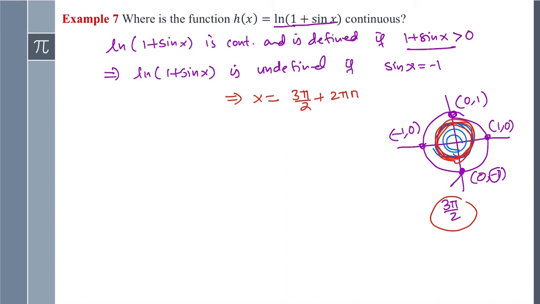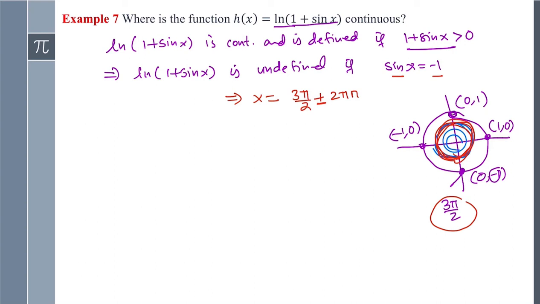Not only that, if I move in the opposite direction, if I go clockwise, I start generating the negative angles. So I can also write negative here. So 3 pi over 2 plus or minus 2 pi n, those are the x values where sine x is -1. And those are the x values where the function natural log of 1 plus sine x is not continuous.